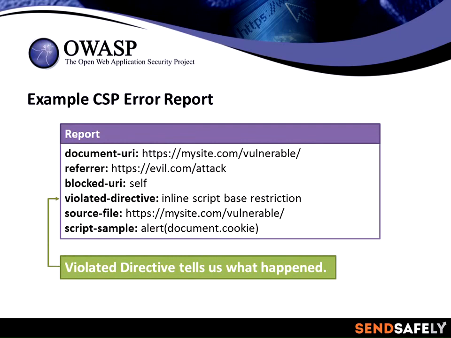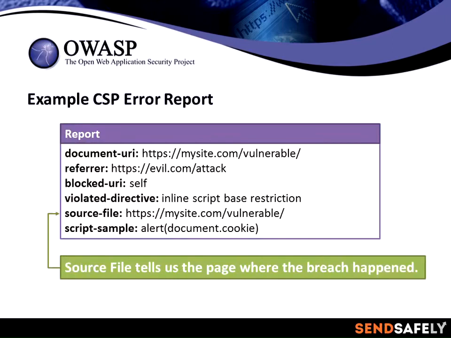The violated directive is pretty self-explanatory. It just shows you what's going on. In this case, we have an inline script vulnerability, but it might also be eval being used in an external JavaScript file or something like that. The source file will show you exactly what file this is happening in.